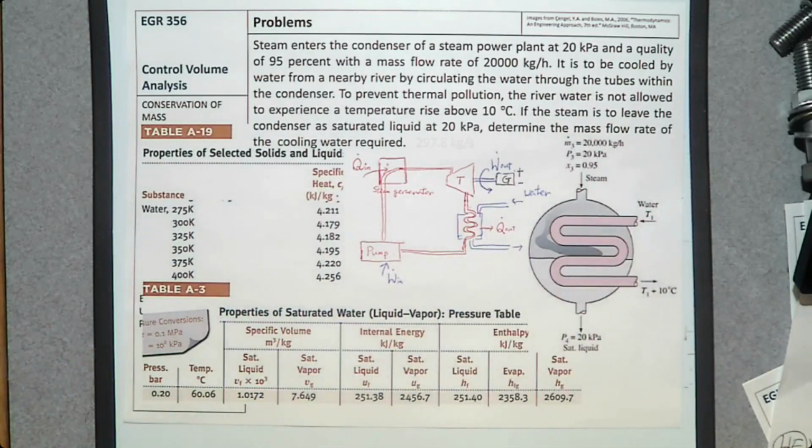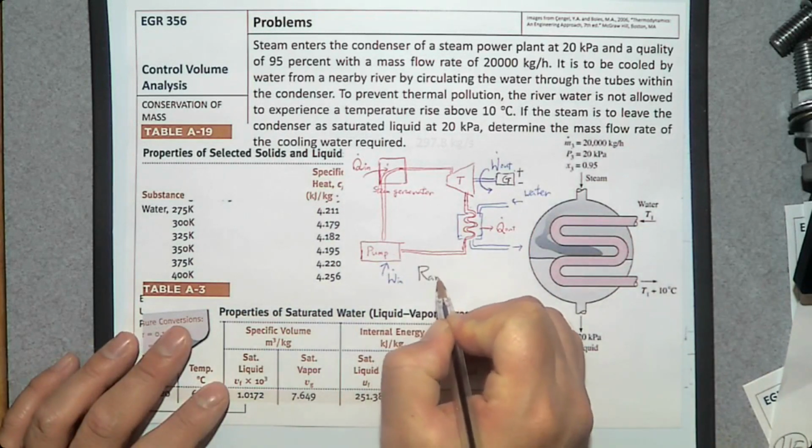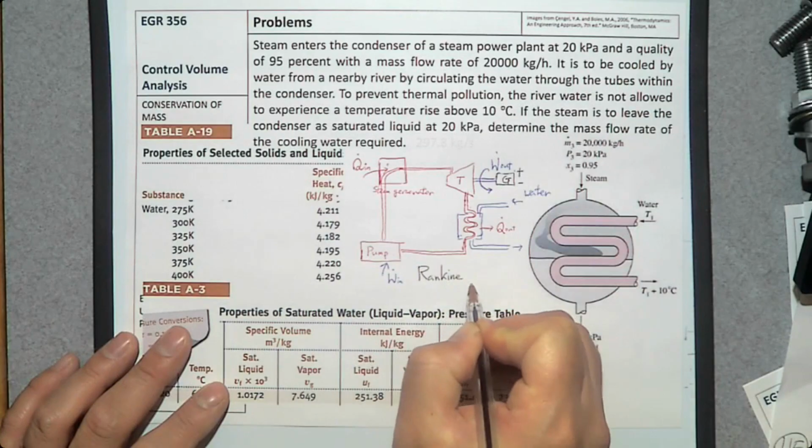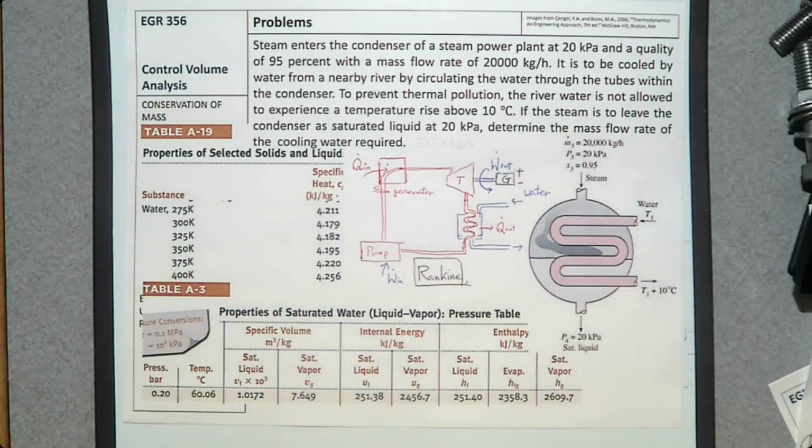So this is a typical Rankine cycle, the very famous and most widely used thermodynamic cycle to produce electricity.